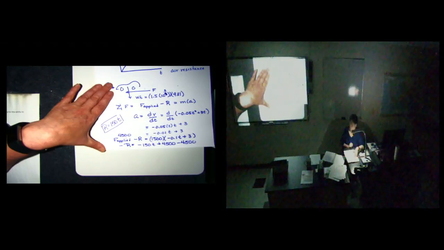And we want to determine the shortest distance for the truck to reach 60 kilometers per hour without the box sliding off.